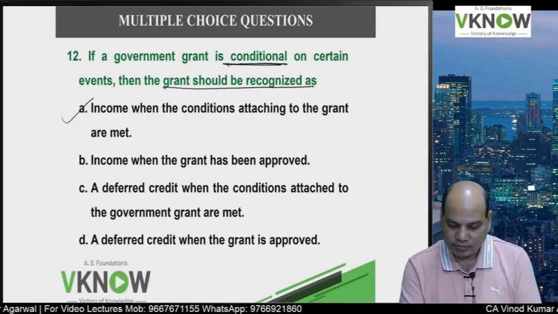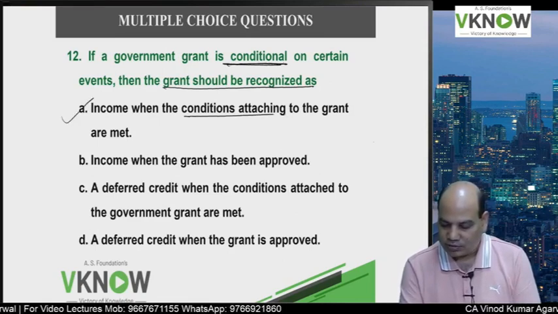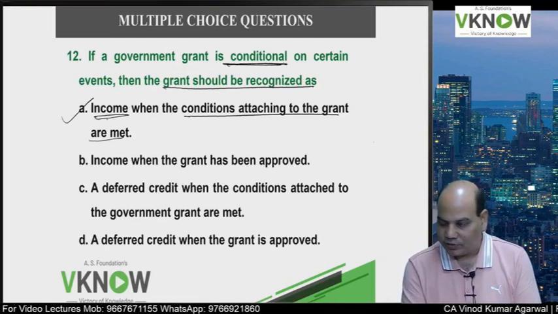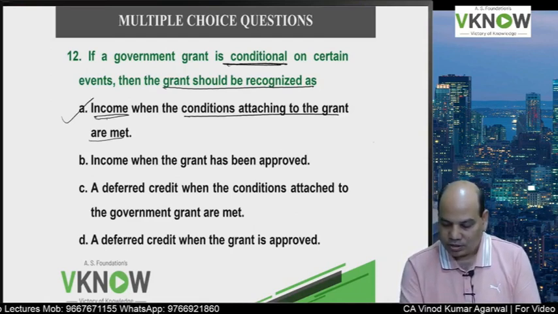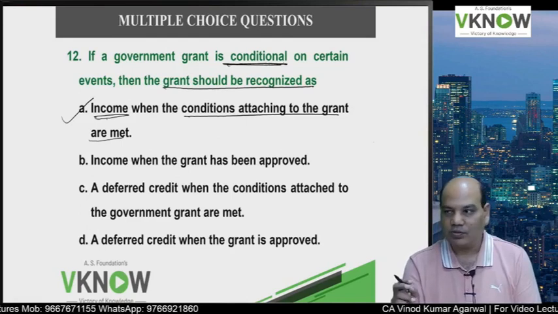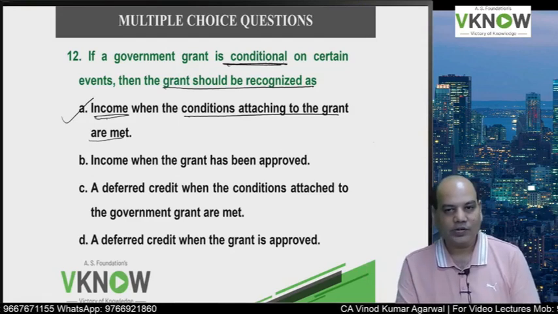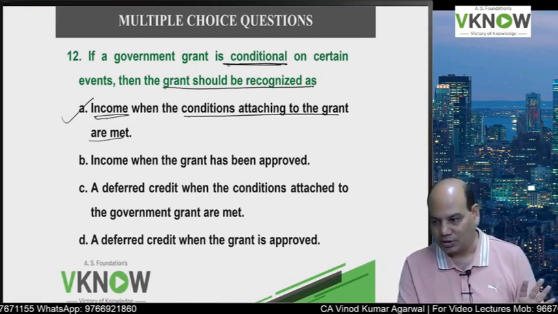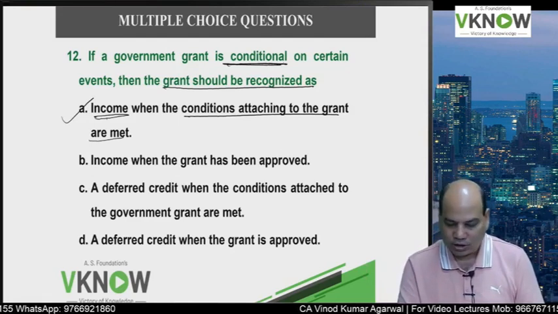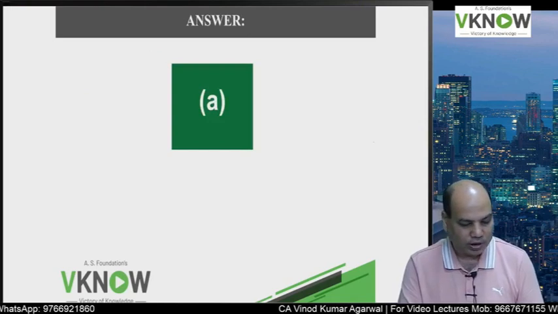So this is A. Once the conditions are met, it will be recognized as income. Only one assumption we are making, that the biological asset is measured at FVL CTS. So that was the answer of question number 12.